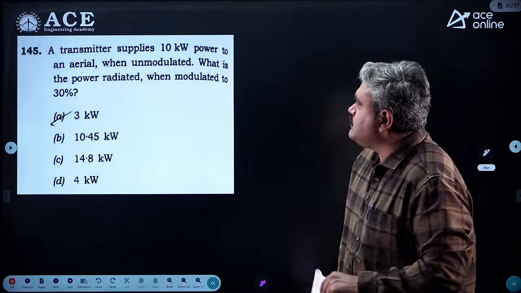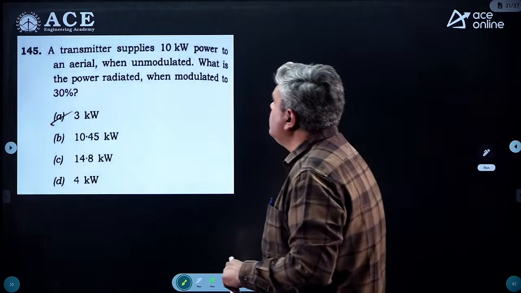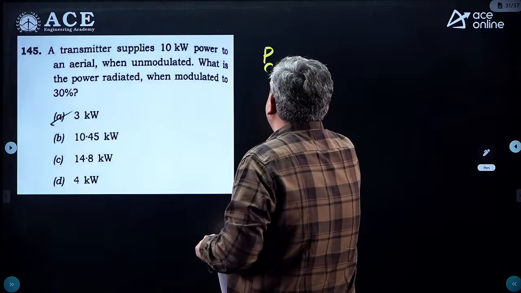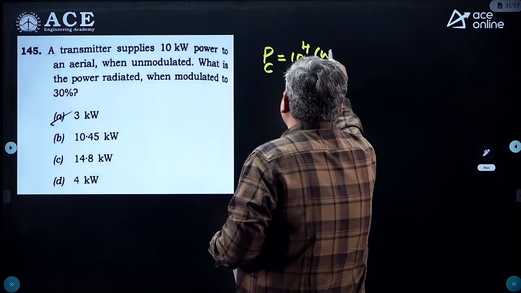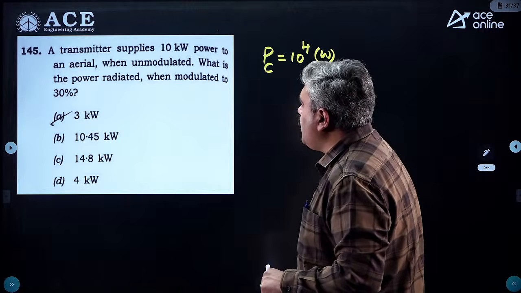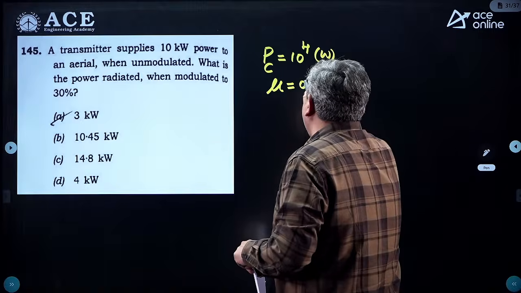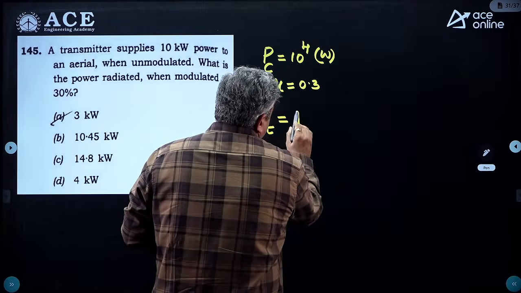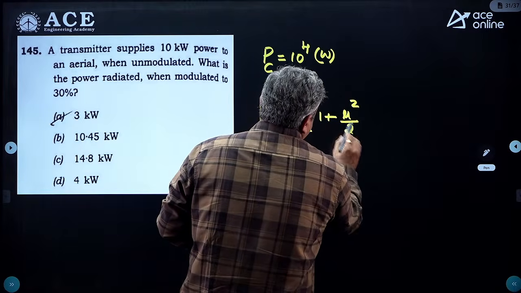This is also a very simple question. A transmitter supplies 10 kilowatt power to an aerial when unmodulated. That means he is talking about the power taken by the carrier component, which is 10 power 4 watts. When unmodulated, what is the power radiated when modulated at 30%? So, mu is given to you as 0.3. So, what is the formula we have? Pt is equal to Pc into 1 plus mu square by 2.